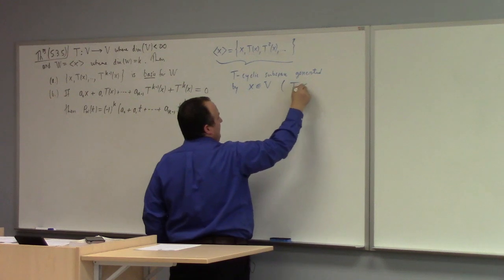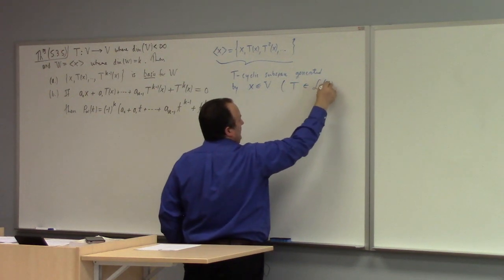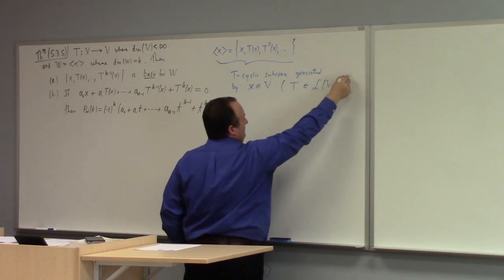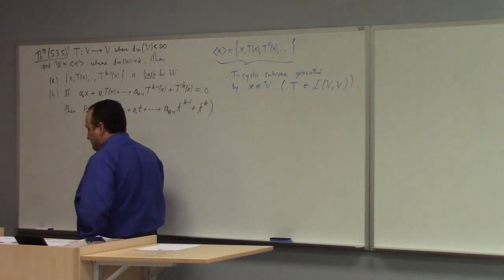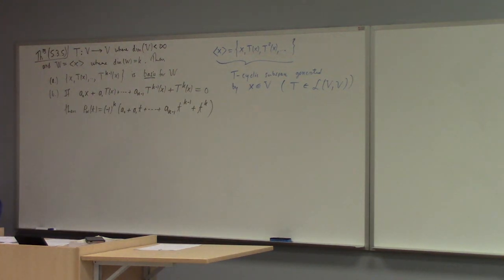We're assuming T is a linear transformation from V to V, right? So that's the context here. And this is part of what is really part of the bedrock on which the Jordan form is built. So it's important for us to understand a little bit more about it.